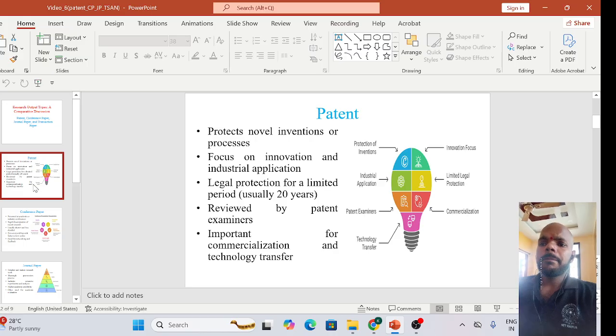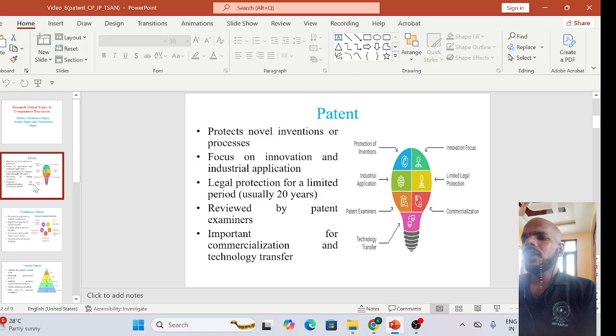A patent is a novel innovation. That means you are reading some paper or about a particular idea, or you are reading some journal or performing some experimentation, you found something, and then you got a novel idea to design a product, for any industrial application.